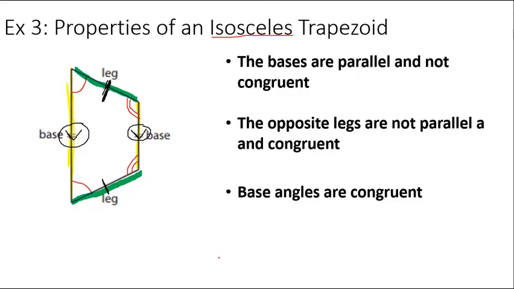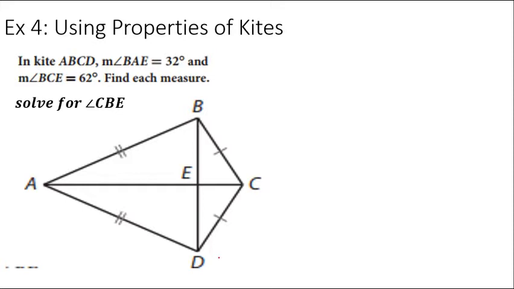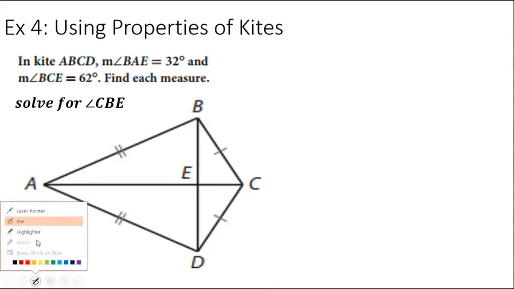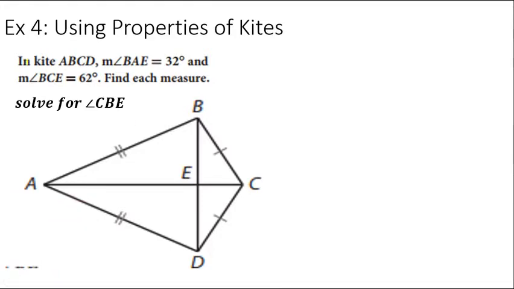Okay, so now let's use a few properties of kites first. So here they give you this kite and they use information here. They tell you that in kite ABCD, angle BAE is 32 degrees. So BAE is this angle right here, and that's 32 degrees.